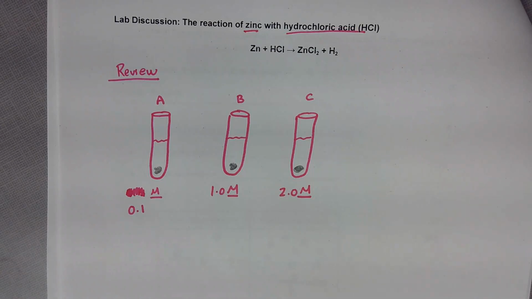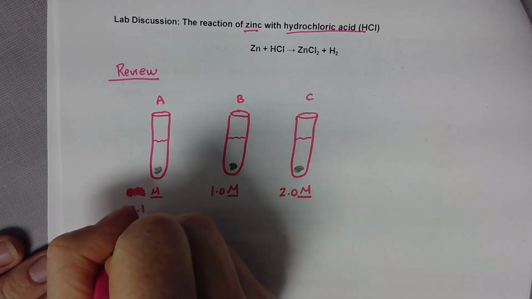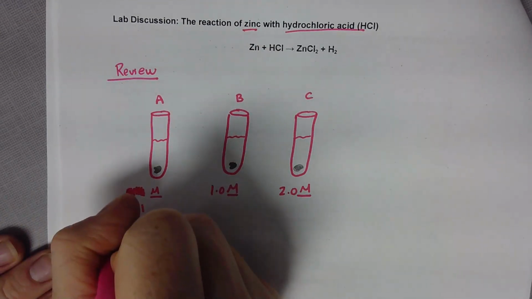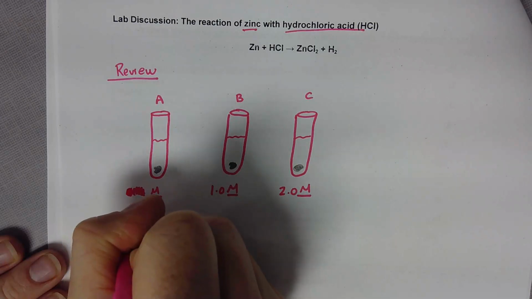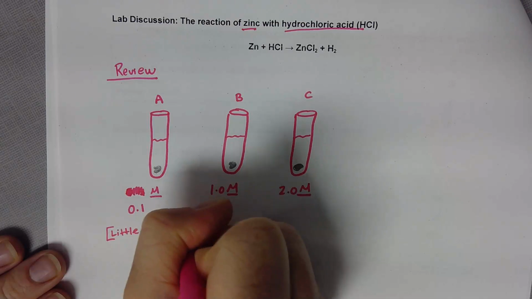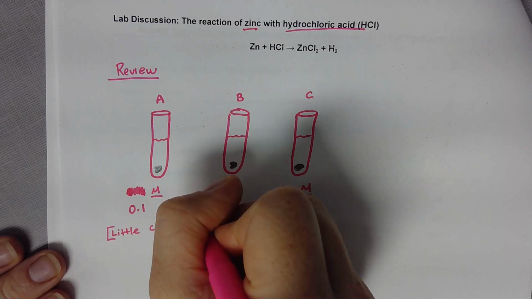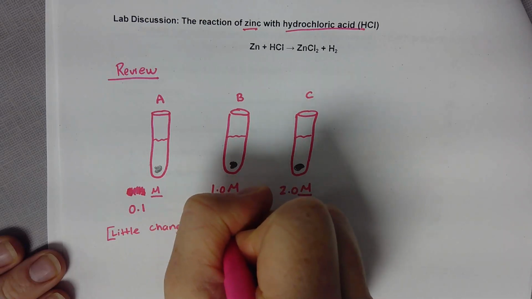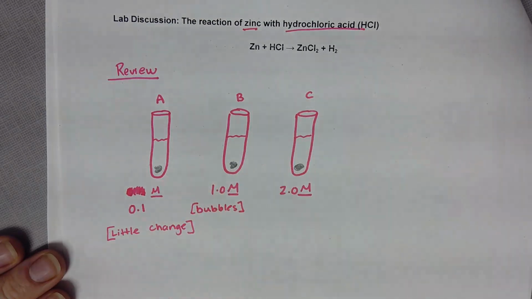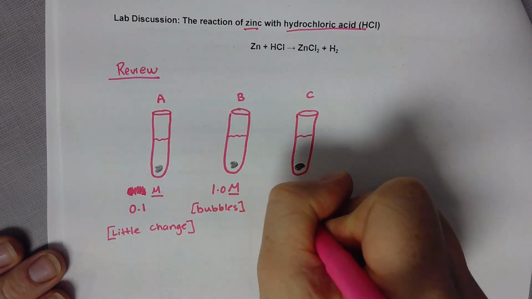And for the most part, all of our observations were on the same page. In test tube A, we saw relatively little change. In test tube B, we saw some bubbling. And in test tube C, we saw lots of bubbles.